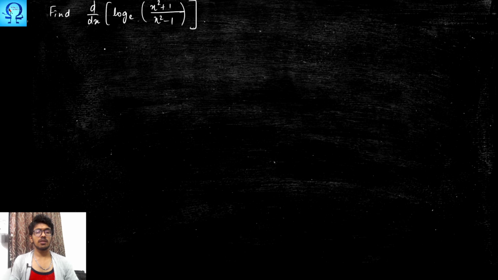The next problem that we are going to see is we'll have to find the derivative with respect to x of the function log of (x squared plus 1) upon (x squared minus 1). So how are we going to do it?